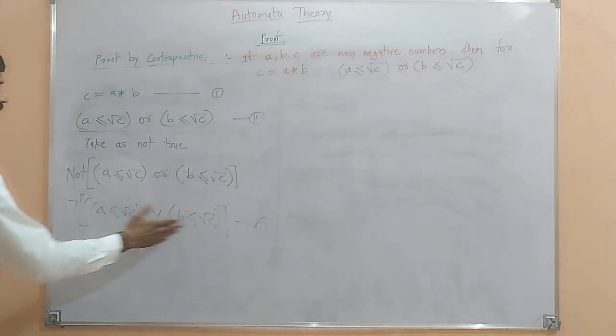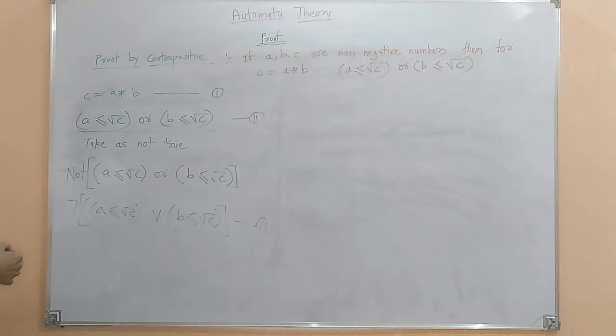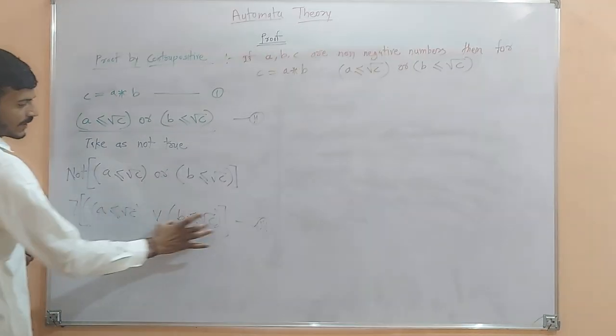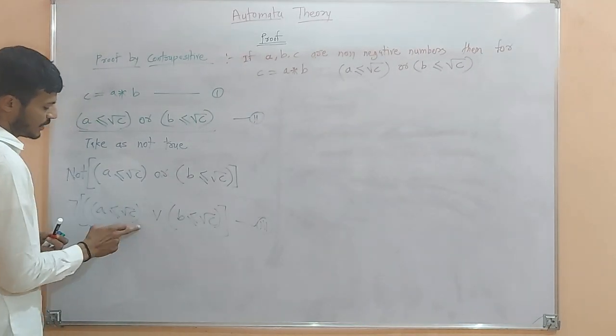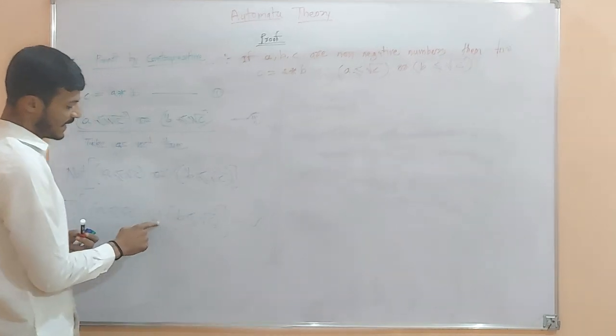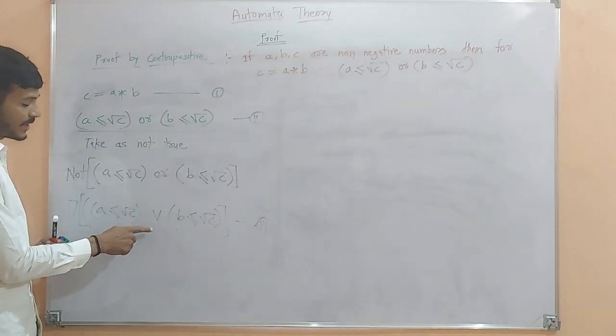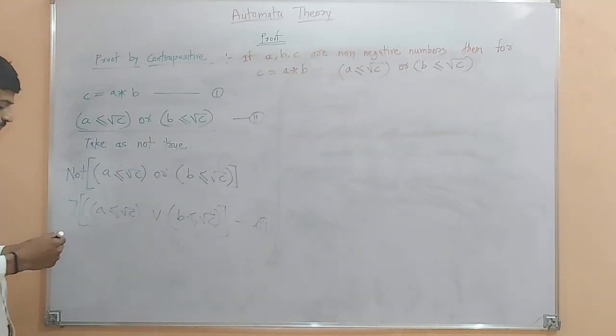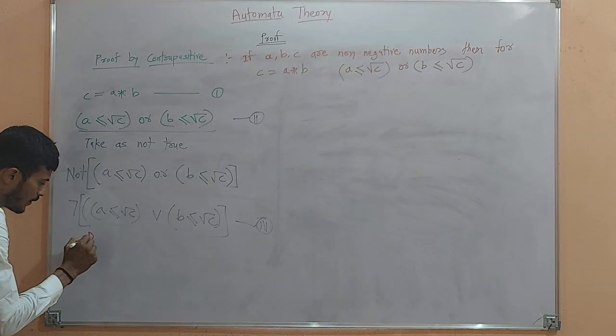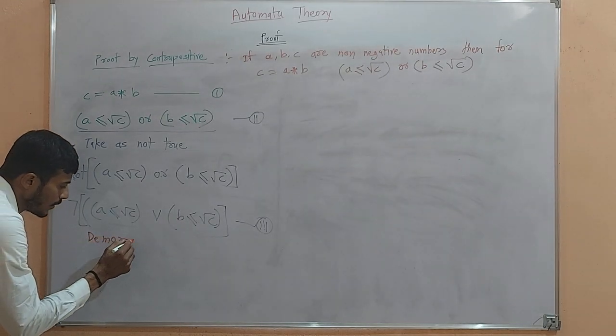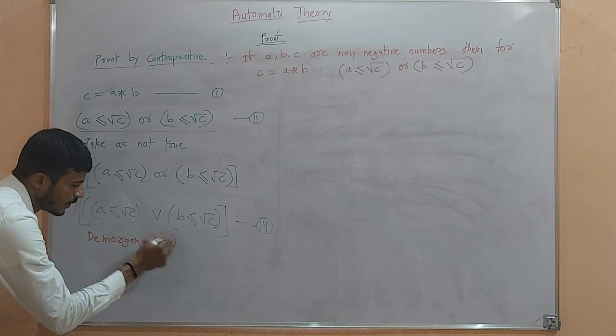What is next with respect to this? You can see here it contains negation of one term, and in between these two statement formulas it has an OR. So I will use De Morgan's law.